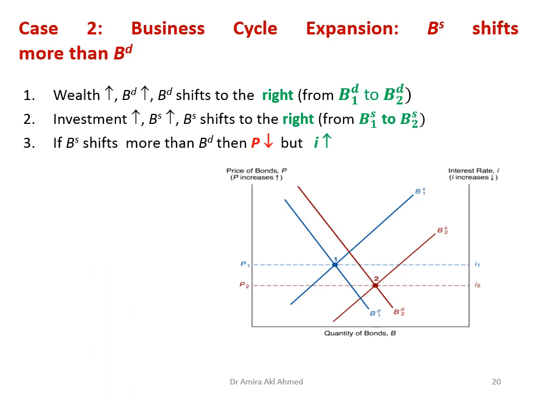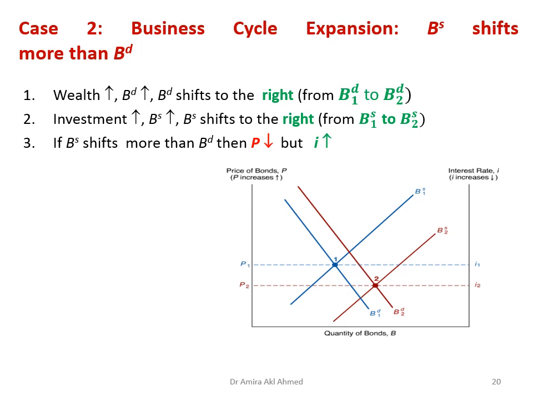Now assume that the economy witnesses a business cycle expansion. Hence, the economy expands and the amount of goods and services being produced increases, and so the national income rises. The question is now, what is the expected effect of such an expansion on interest rates?